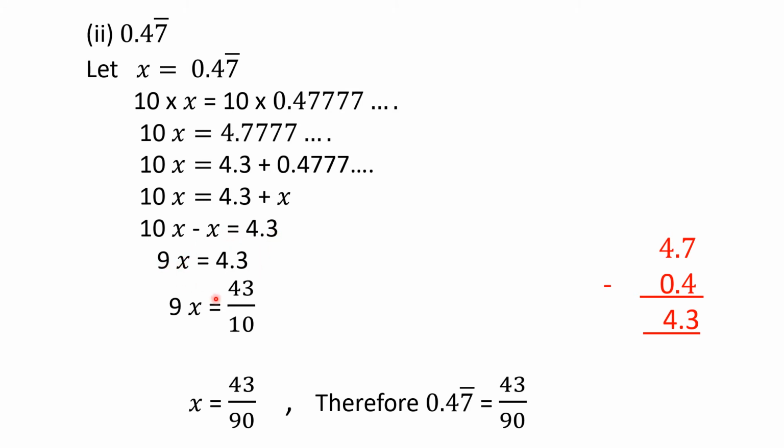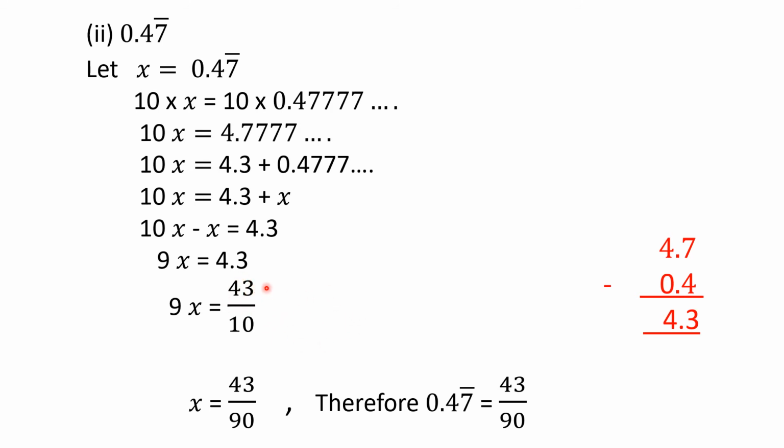Now before taking the 9 to the other side, first we need to remember that we need to remove the decimal point because we have to express it in terms of p by q, right? We have to write p by q. So that means we have not to write p point something by q. No, p should be an integer. The condition is what? We have to express it in p by q form where p and q are both integers, right?